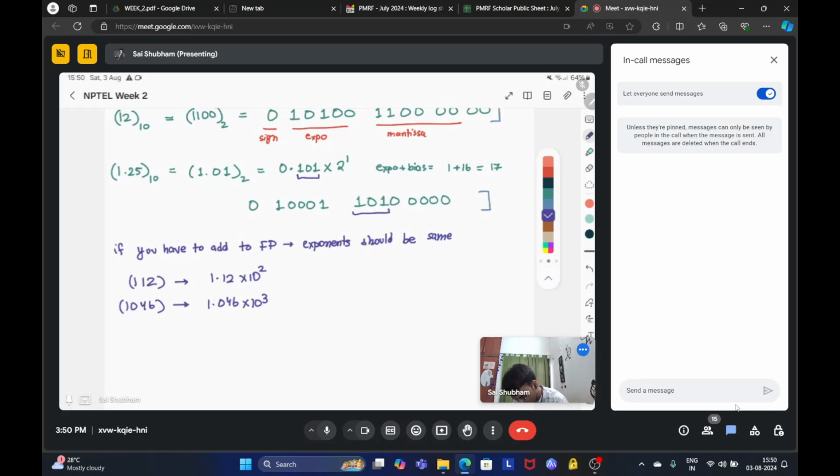So I cannot perform addition because the exponents are different, right? Some way or other I have to make the exponents the same. So what I can do is shift it like this.